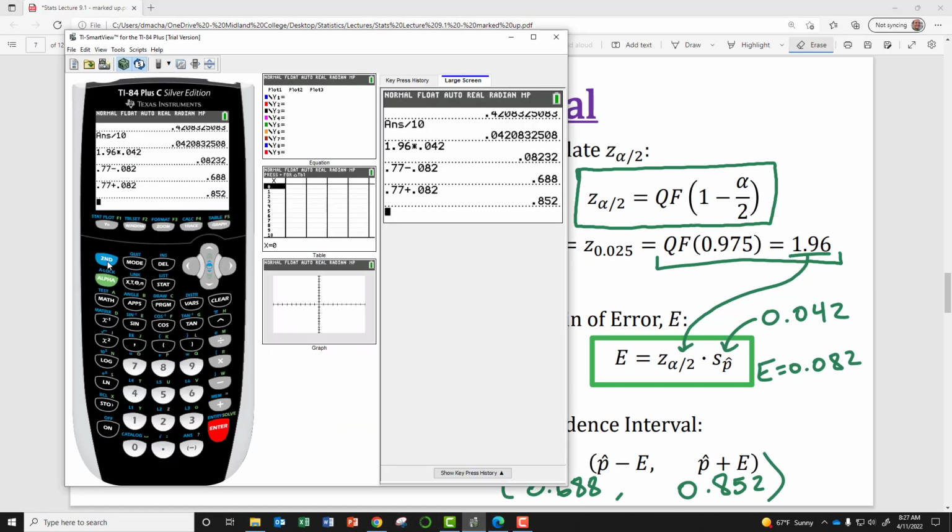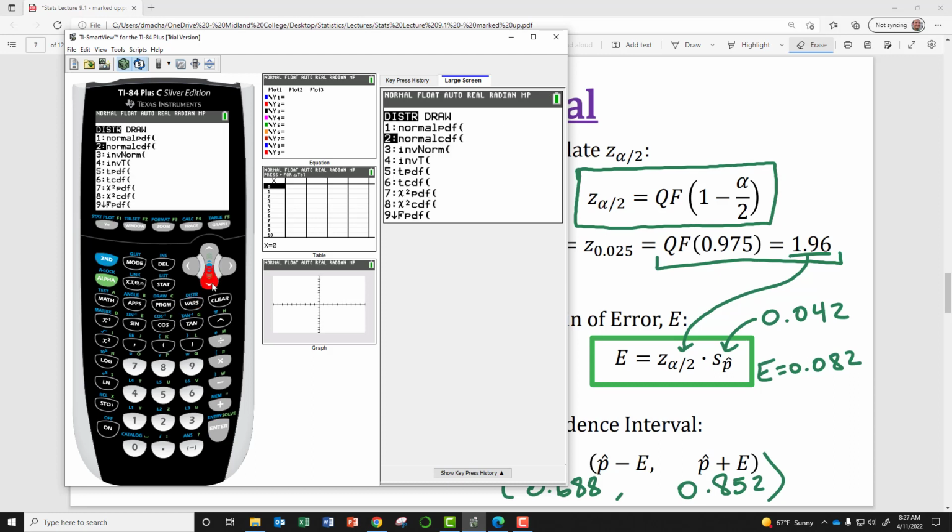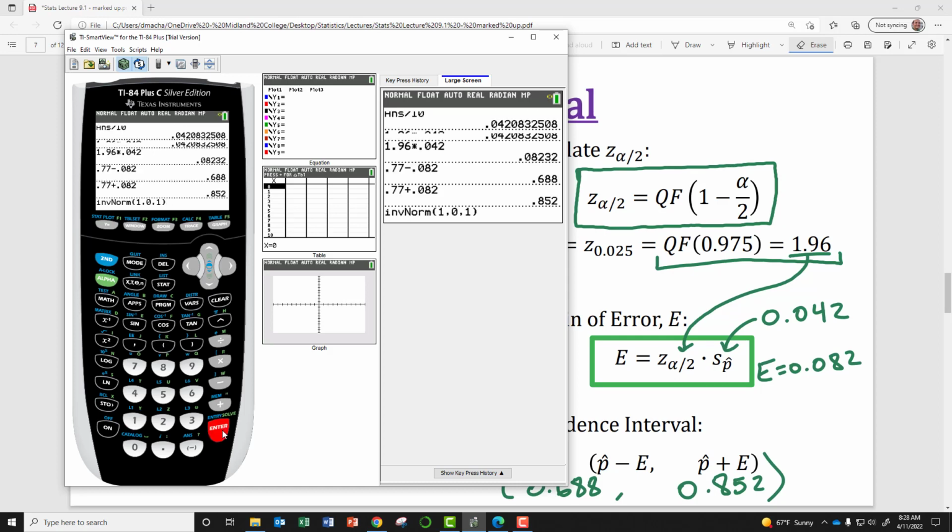Let's try that just to show you that that's not going to work. If we go to second VARS, I go to INV norm, which is the quantile function. If I evaluate at the area 1, what will my calculator tell me? Well, that's saying 1 times 10 to the power 99, just because your calculator doesn't really grasp the idea of infinity.